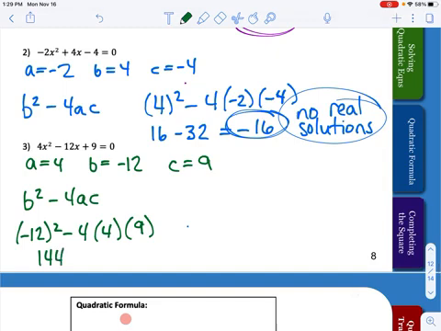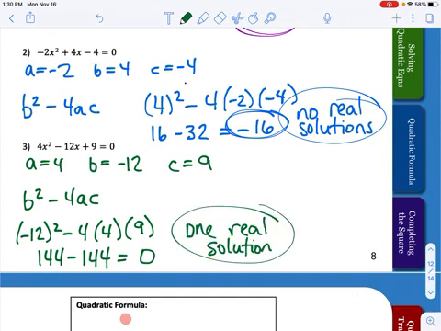So I end up getting 144 minus 144, which is actually 0, which means there is one real solution to this problem.